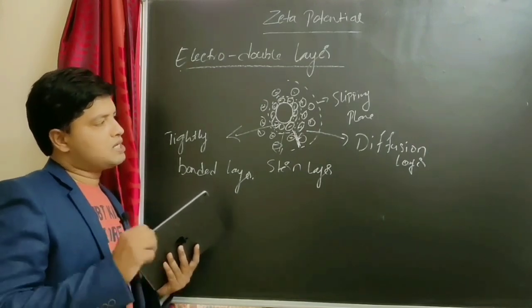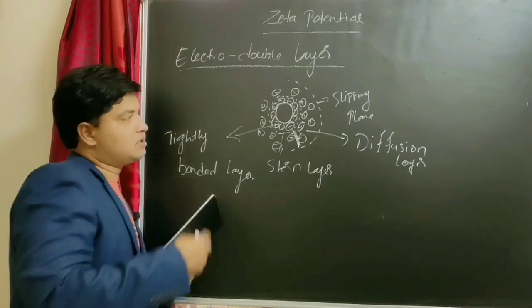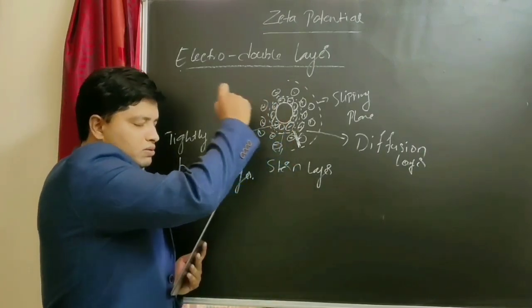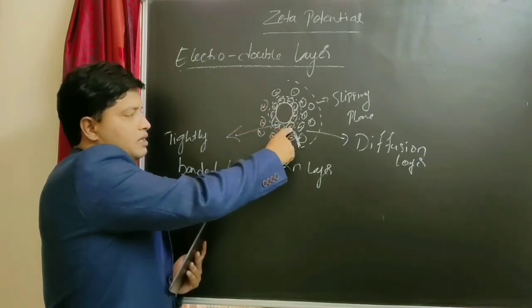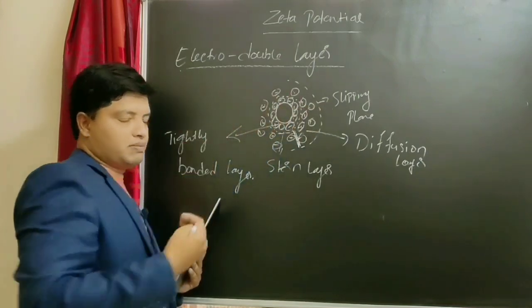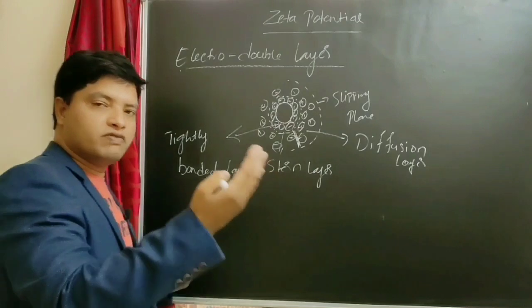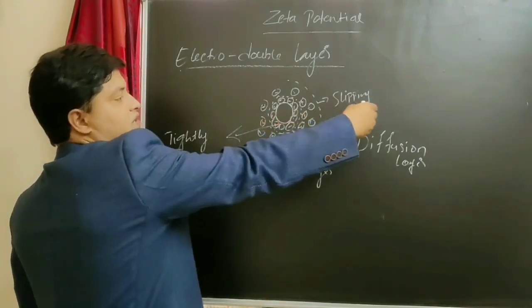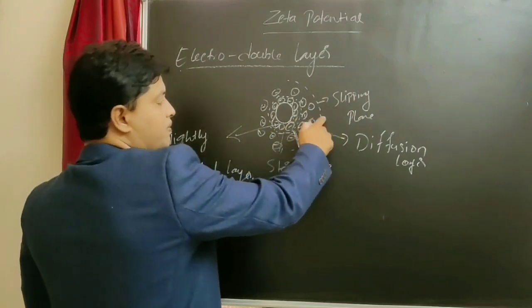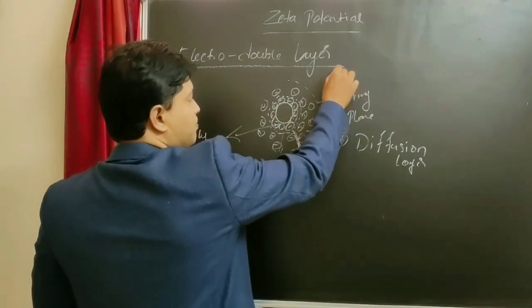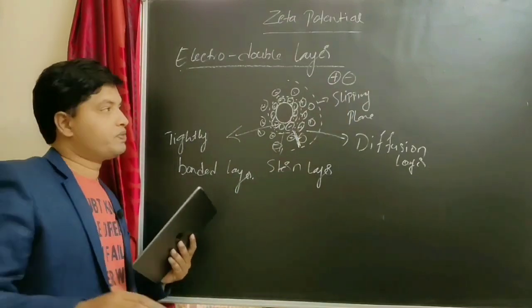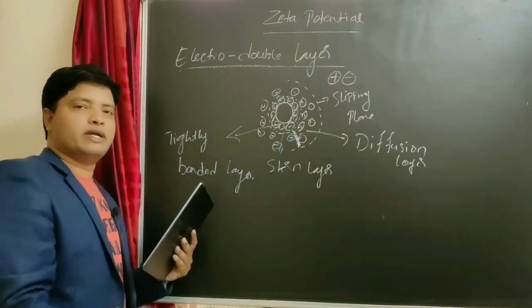Now, what is zeta potential? First, we have a negative particle with negative ions adsorbing on the particle. This negative will pull the positive, then the positive will pull the negative. Now as we go away from this surface, at one place we get an equal distribution of positive and negative ions.